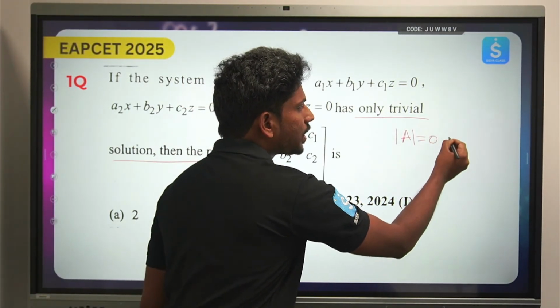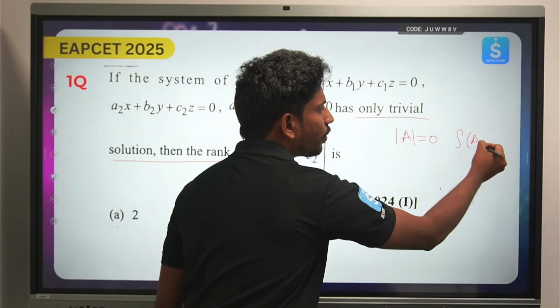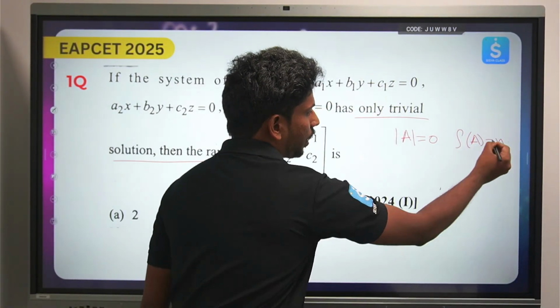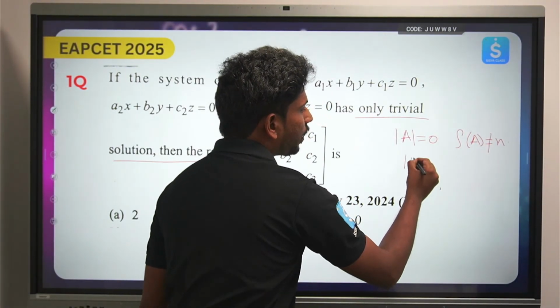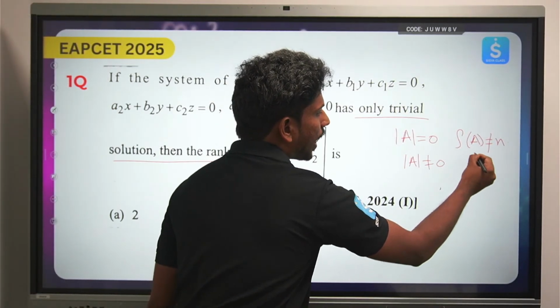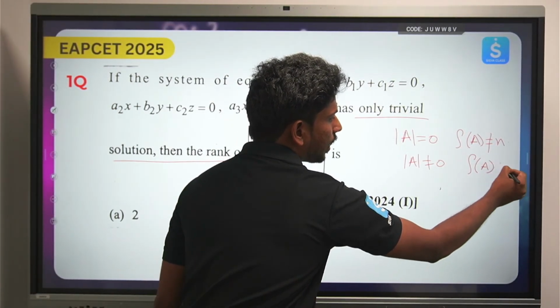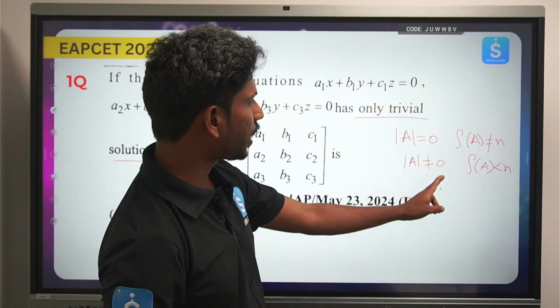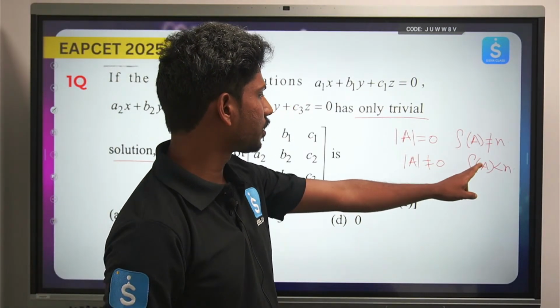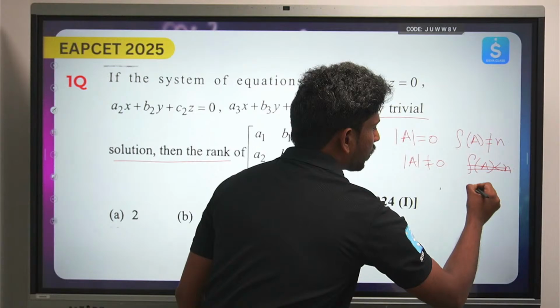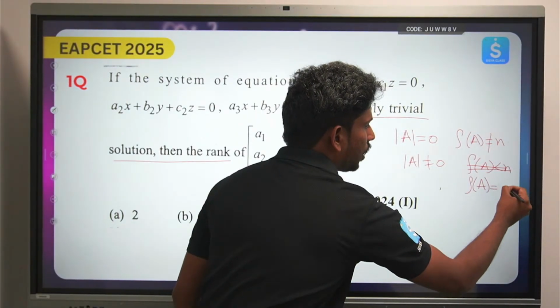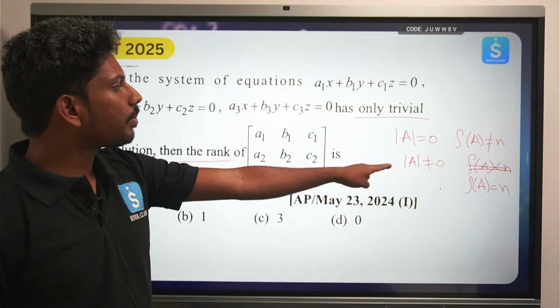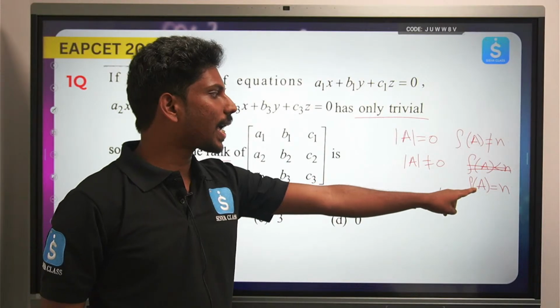If det of A is equal to 0, rank of A is not equal to n. If det of A is equal to 0, rank of A is less than n. Sorry, if det of A is not equal to 0, the rank of A is equal to n.